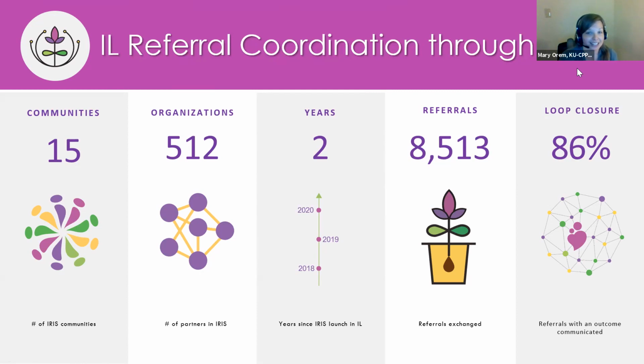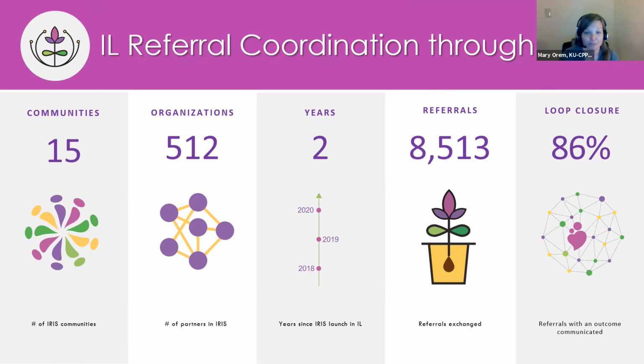Since the first community launched in early 2019, a total of 15 communities have launched across the state, ranging from a 7-county region in rural areas to small clusters of neighborhoods in urban Chicago. Communities are always defined by those building them based on their own unique circumstances. As of September 30th, 2021, you can see 512 partners have been engaged across the state in these communities.